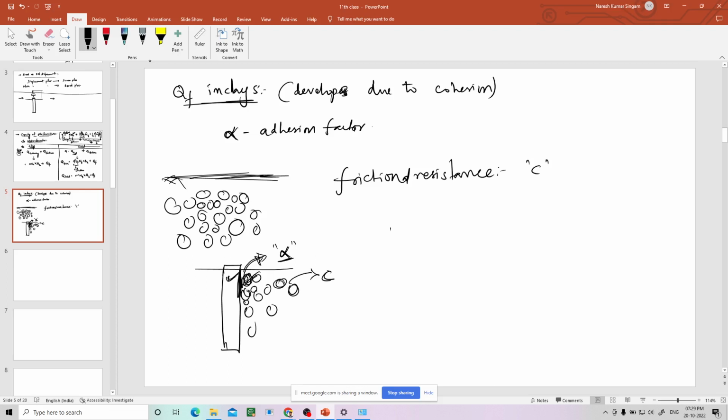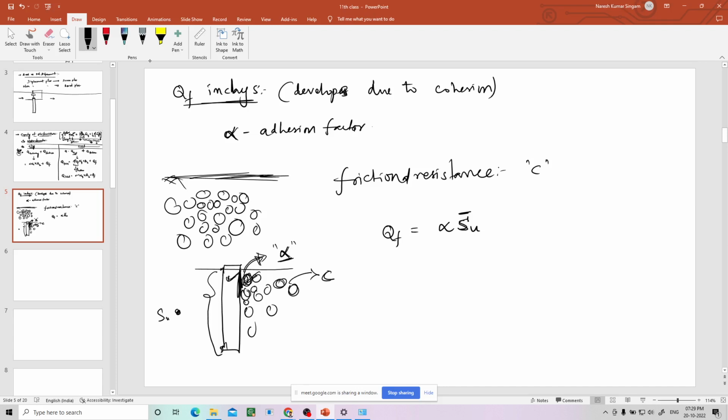So that's how QF can be written in the clays as alpha into Su bar. Su is nothing but shear strength. Su bar you have to take because we are talking about the resistance due to the friction over the length from here to here. You cannot take one single value at some random point.